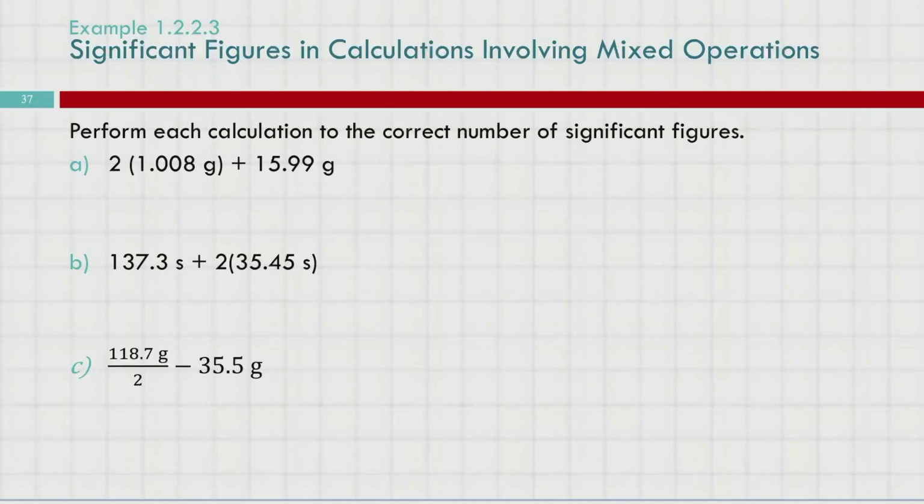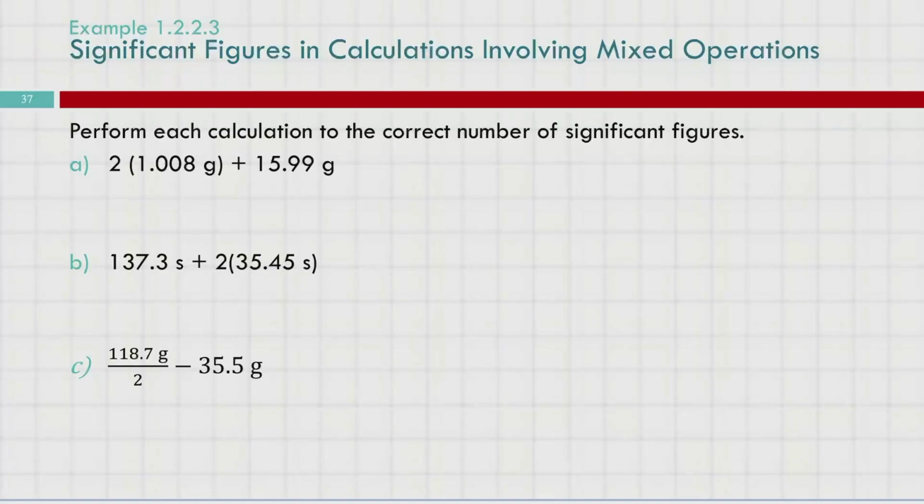What are we doing operation-wise? Parentheses, we just have a number in parentheses. So we're going to be doing multiplication. This is our first step. So we've got multiplication. We also have the addition. Multiplication comes first. So 2 times 1.008.